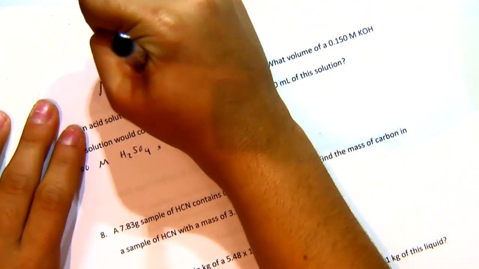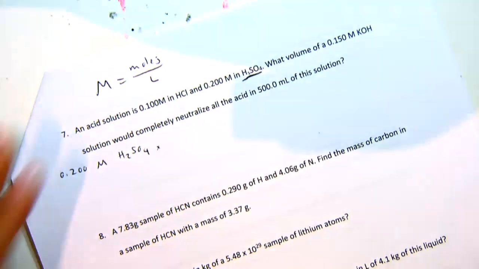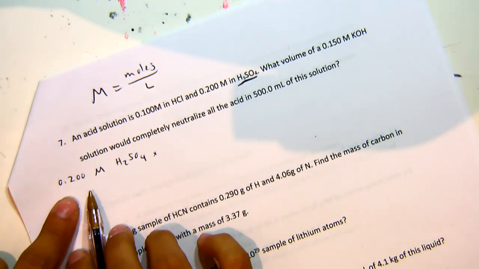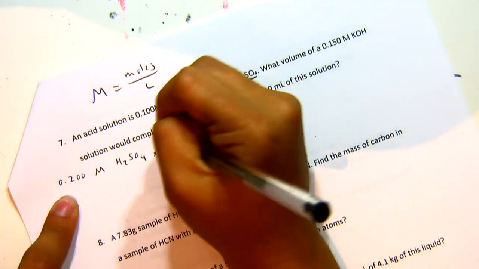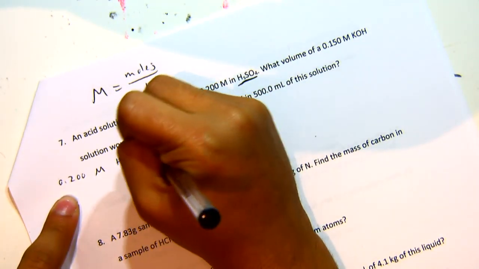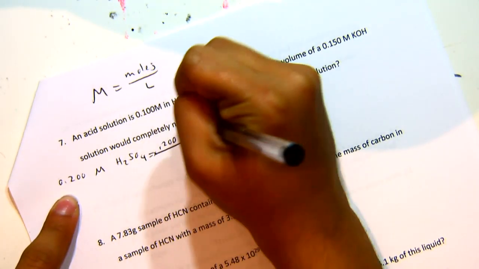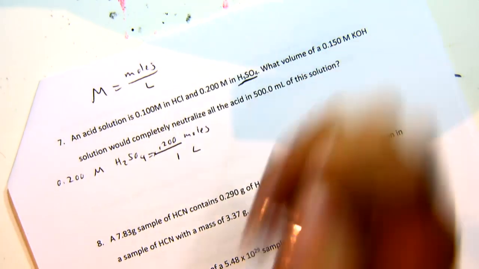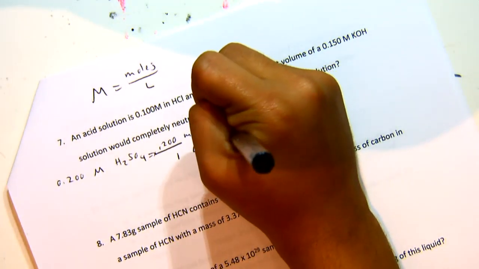Great, moles over liter. So what 0.200 M is really saying is you have 0.200 moles in 1 liter.